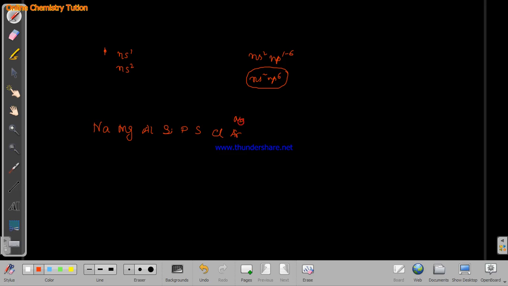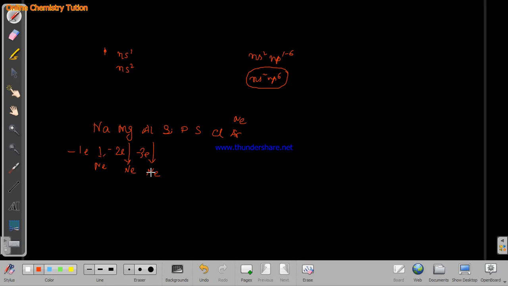Here neon is present in the previous period. If sodium loses 1 electron, it gains the electronic configuration of neon. If magnesium loses 2 electrons, it will get the configuration of neon. Aluminium has to lose 3 electrons to gain the configuration of neon.